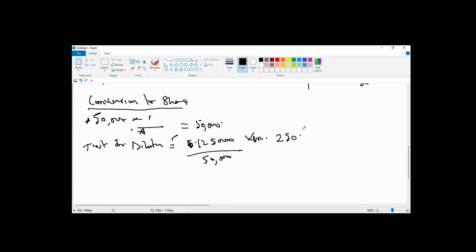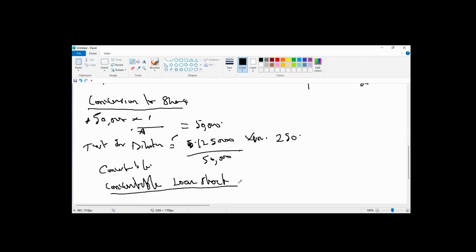We also have the loan. How do you want me to convert the loan?